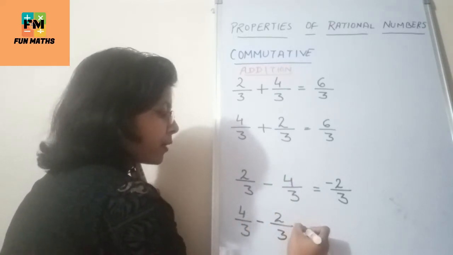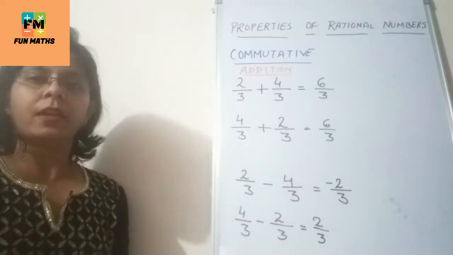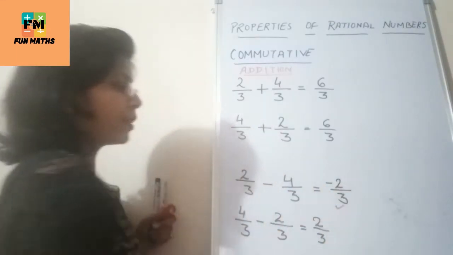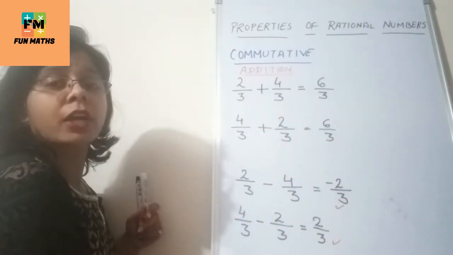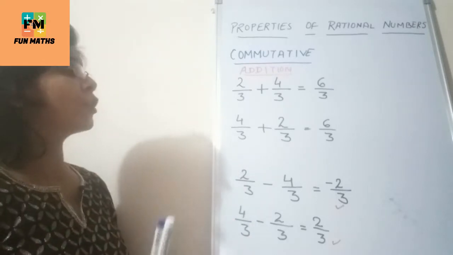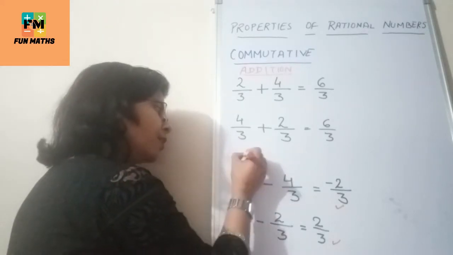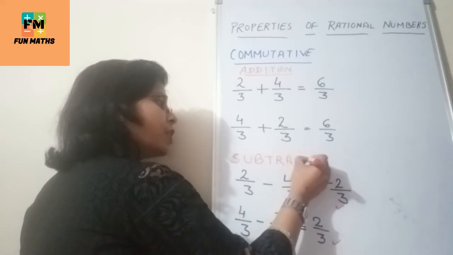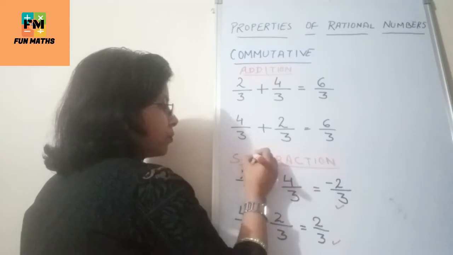When we subtract, it would be 2 by 3. Now let's compare. In the first case we got minus 2 by 3, in the second case we got 2 by 3. Both are not the same. What does it mean? It means we conclude that rational numbers are not commutative under subtraction.